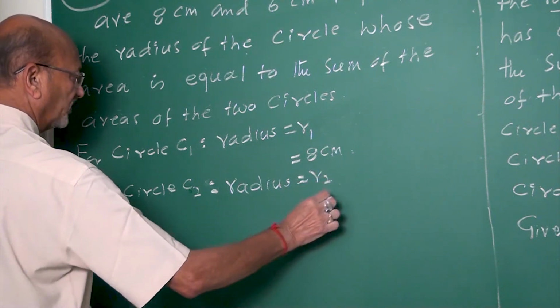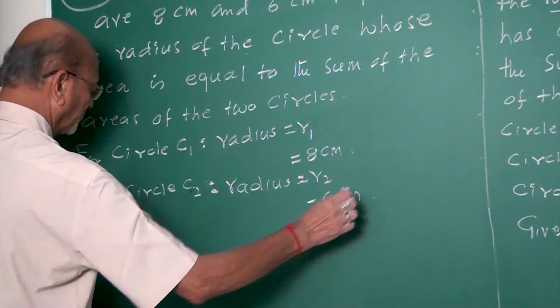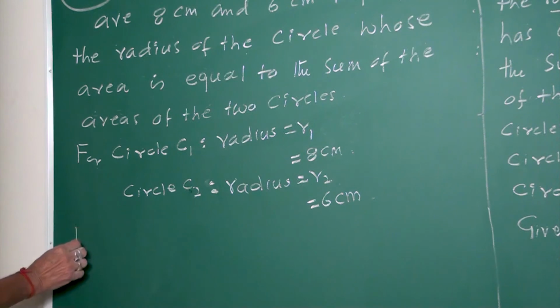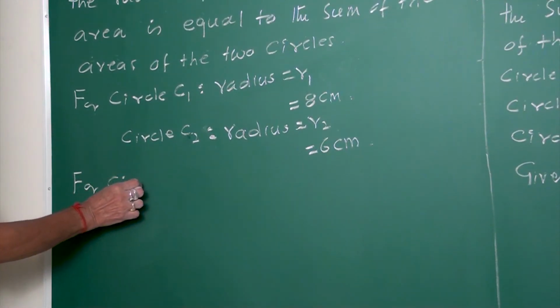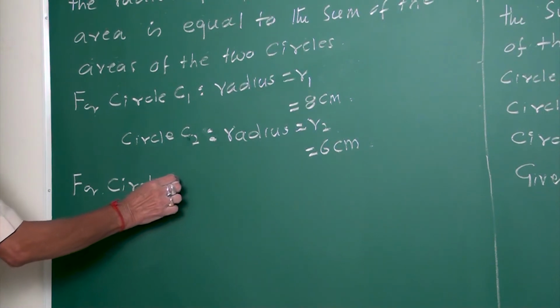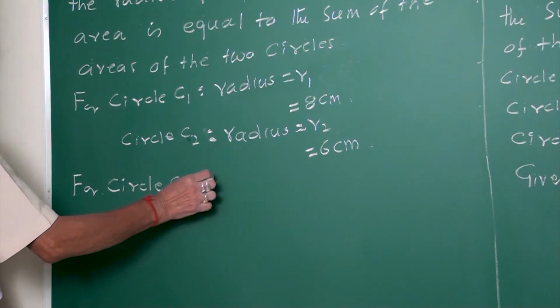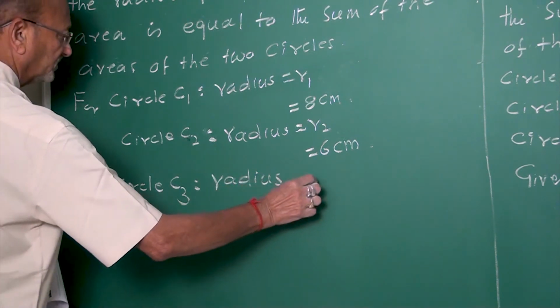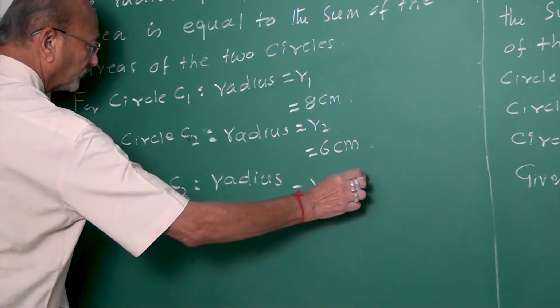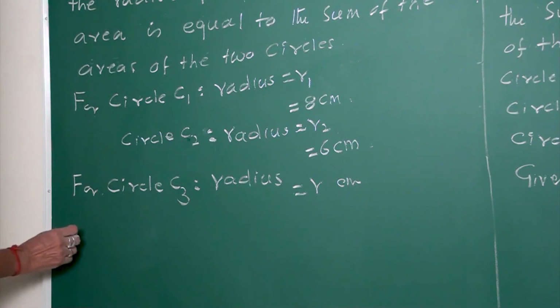This R2 is given as 6 centimeter. For the third circle C3, that is what we wanted, the radius is R centimeters. Yes, my friends, what is given?